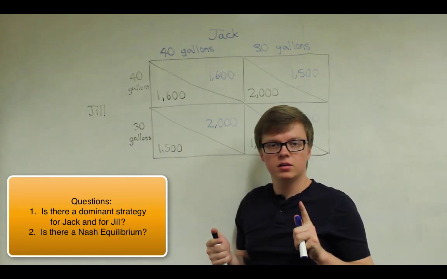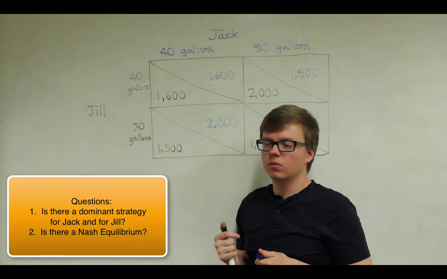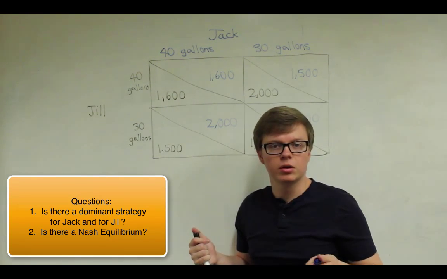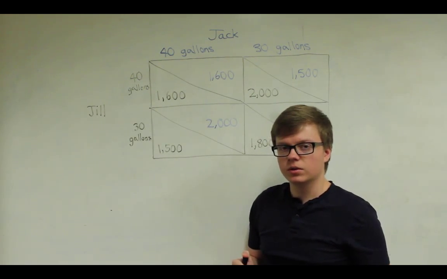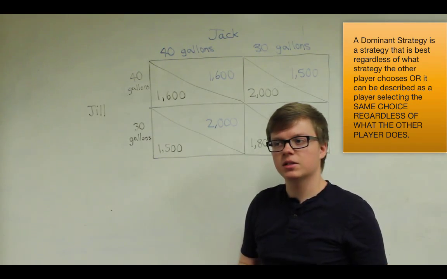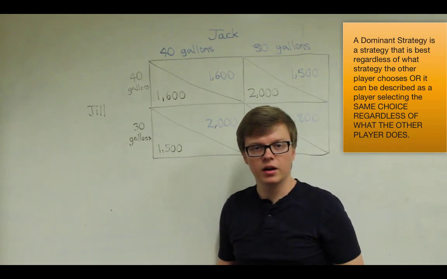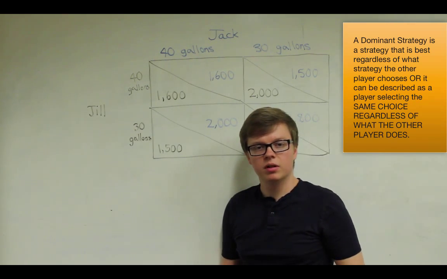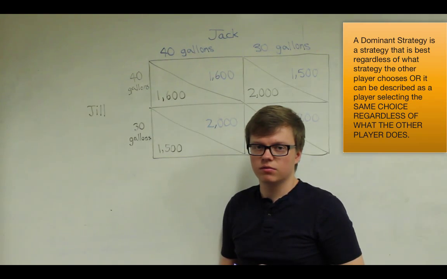So the questions we usually want to ask with a problem like this are, first of all, are there any dominant strategies for each player, and is there an equilibrium, a Nash equilibrium we call it. So we'll start with dominant strategies for Jill. A dominant strategy is something that the firm or player will play no matter what the other firm does.